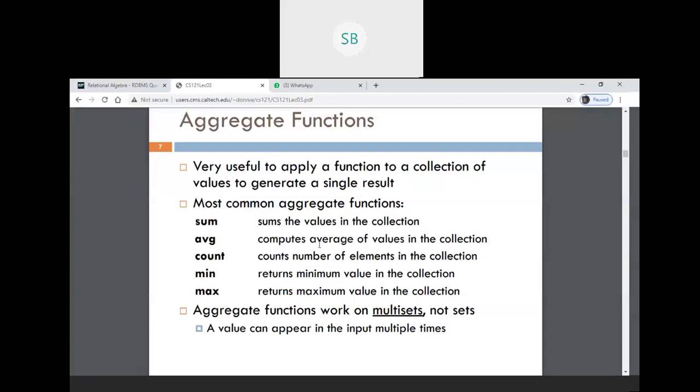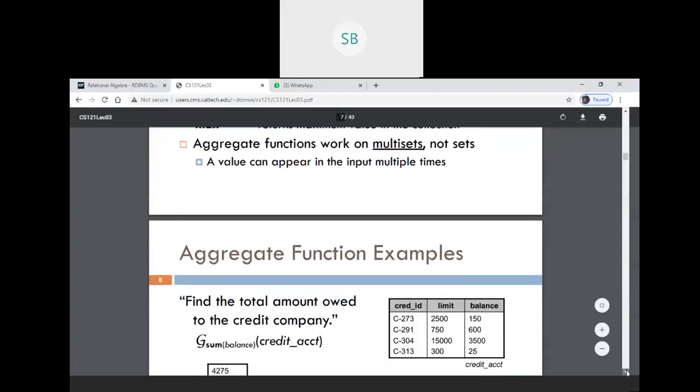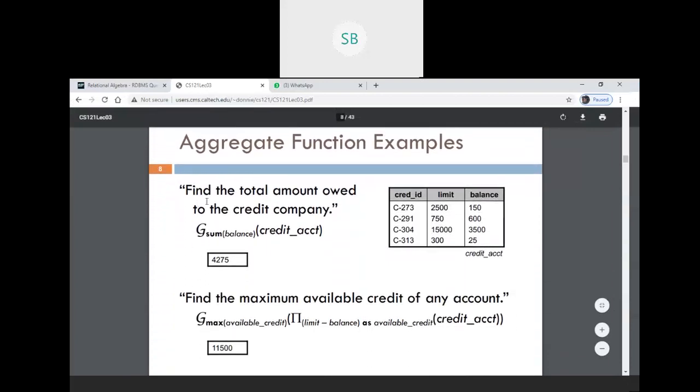Okay, so you can see, I have just opened it in Google Chrome. Here you can find a table. Find the total amount owed to the credit company. Here they are using different notation, but it will be delta only.